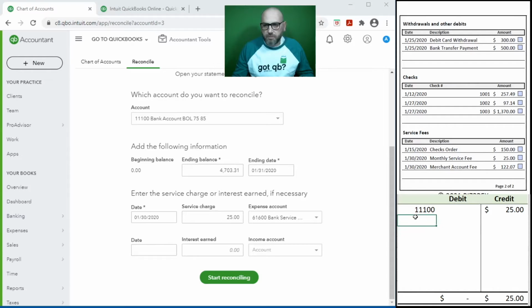What else is happening? Our expenses are going up, and expenses go up when debited. And this is our expense account. So this amount right here, even though we're entering it once, is both a debit and a credit. It's a debit to account 61,600, and it's a credit to account 11,100. So here it is. Let's get on with reconciliation.